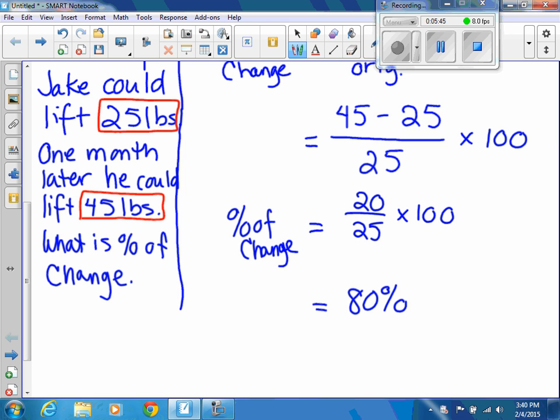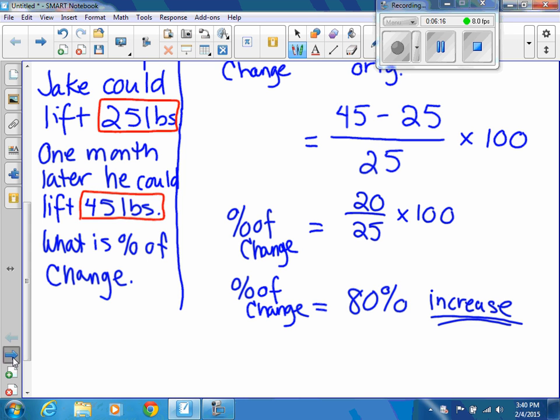Clearly, he went from 25 pounds to 45 pounds. That went up. So since it went up, that means that it is a percent increase. So my percent of change is equal to an 80% increase. Got to make sure I have that increase word in here because that's what we're talking about. It's an increase.